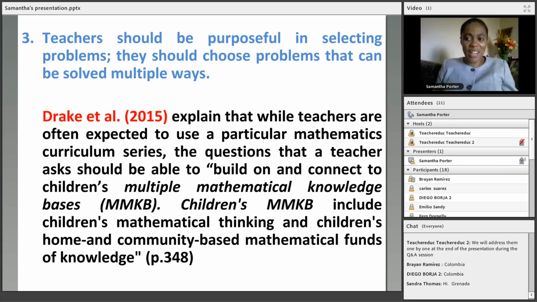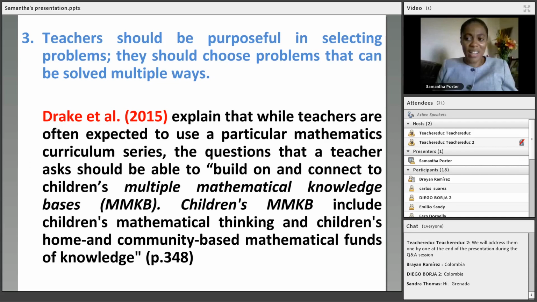The question that a teacher should ask should be able to build on and connect to students' multiple mathematical knowledge bases, which is abbreviated as MMKB. So children's MMKB includes children's mathematical thinking and children's home and community-based mathematical funds of knowledge.